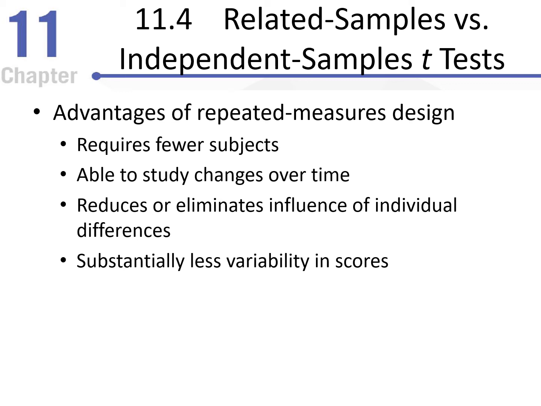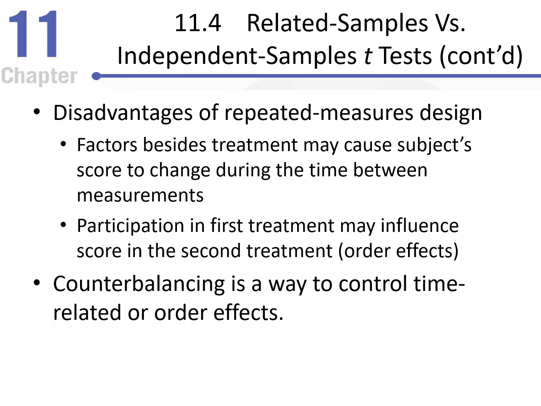Because there are some problems, and the problems occur when changes to the individual happen over time from external sources. So the disadvantage is stuff happens. For example, let's say you're doing this longitudinal or repeated measures design, and I'm measuring you once a year.